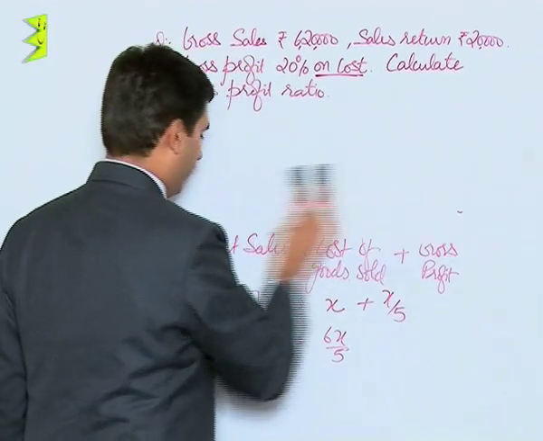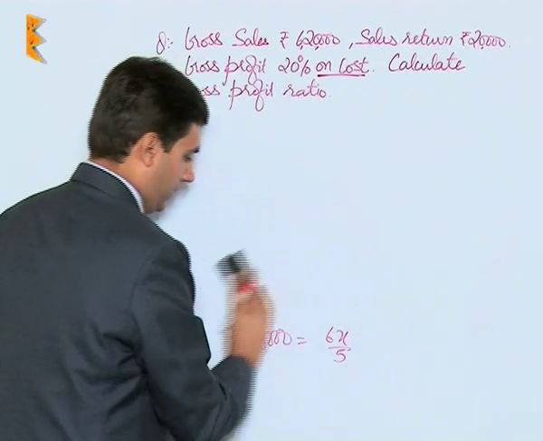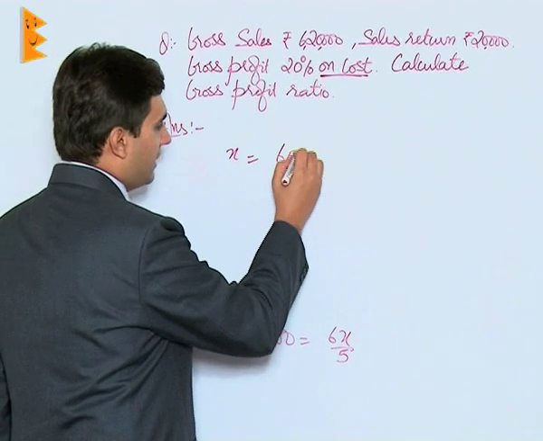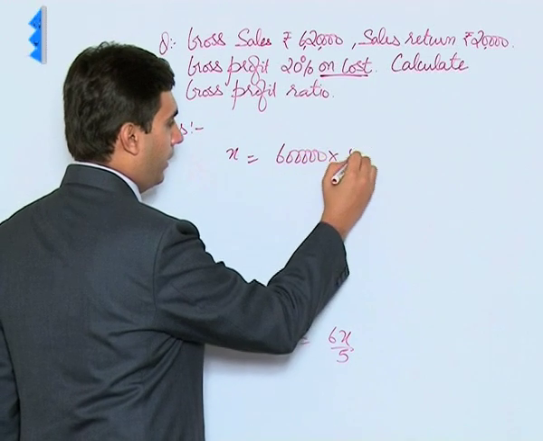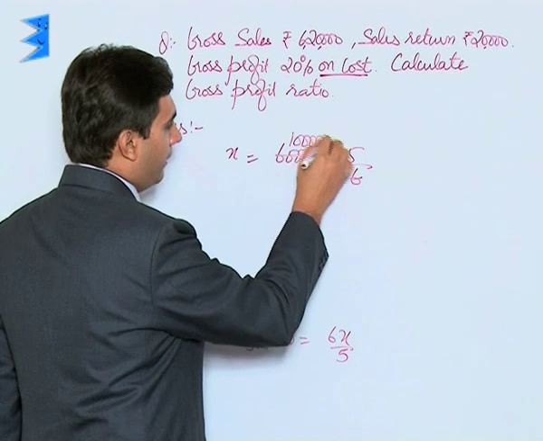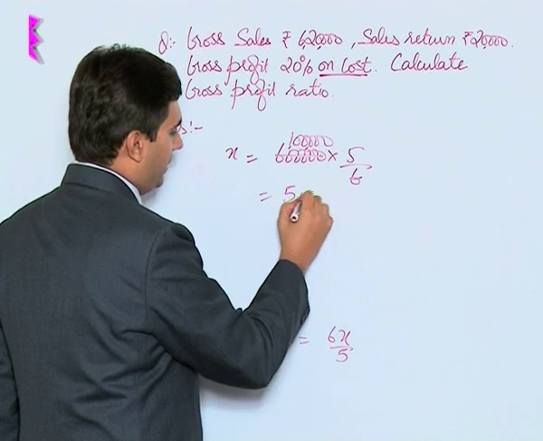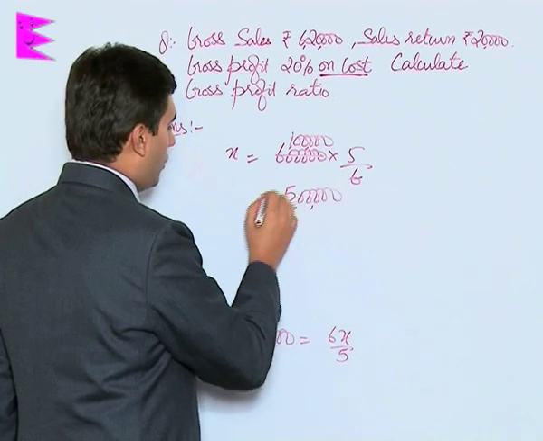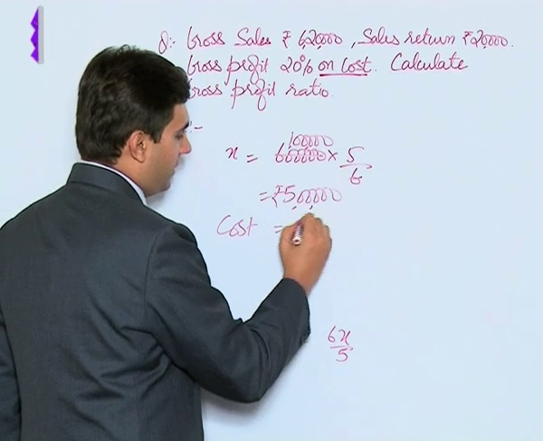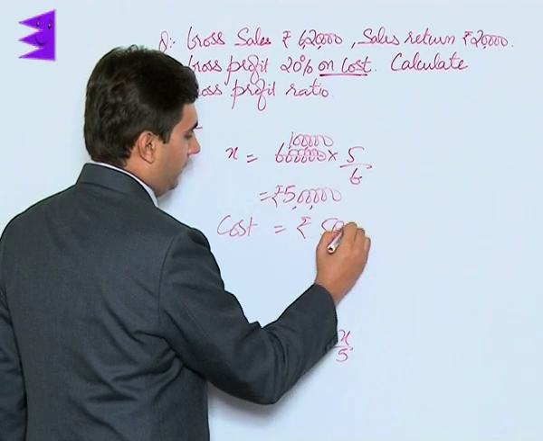Let us see how do we get it. Using this relation, X would be equal to 6 lakh into 5 by 6, 1 lakh into 5, that is 5 lakh. So students, cost is equal to rupees 5 lakh.